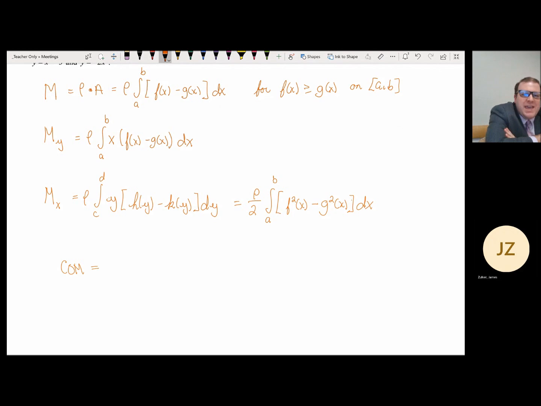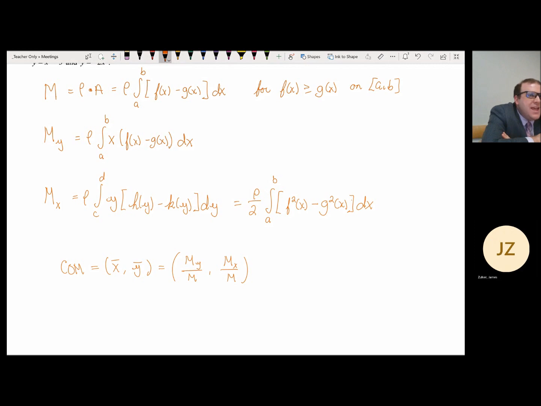The centroid or the center of mass? The x coordinate is My over m.